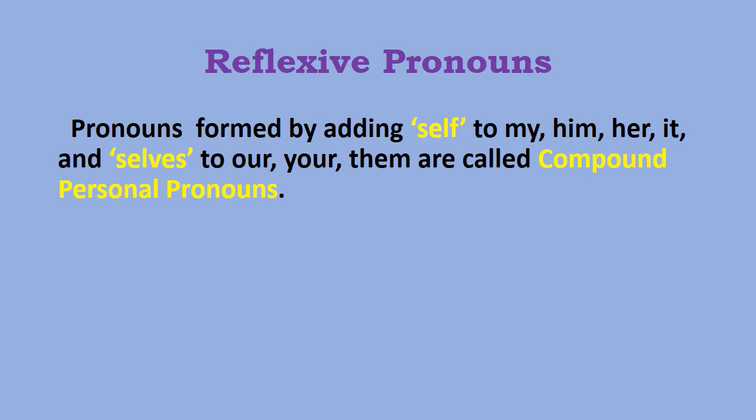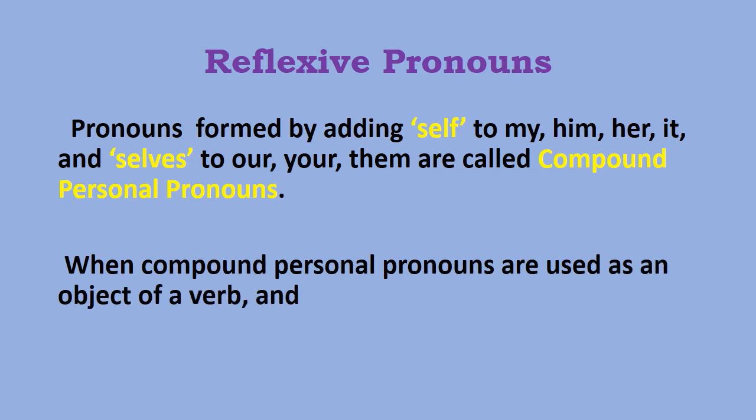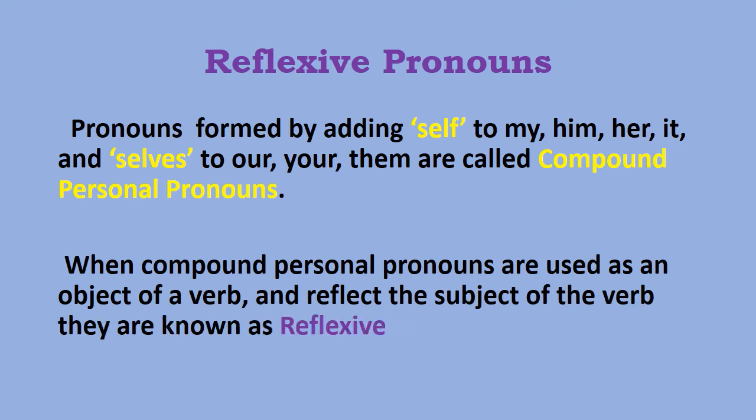When compound personal pronouns are used as an object of a verb and reflect the subject of the verb, they are known as reflexive pronouns. They reflect the subject and they are used as an object.